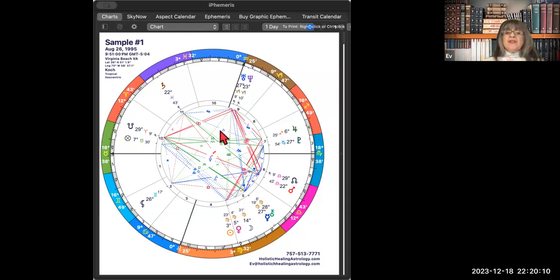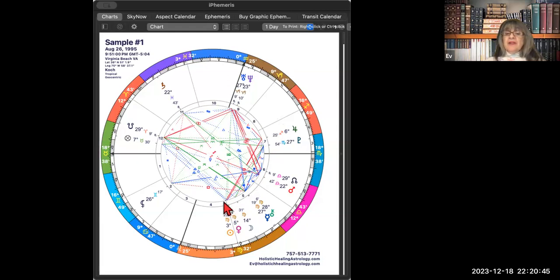The green ones are kind of in the middle of the road. And so you're going to say, well, wait a minute. Why are there solid lines and dotted lines? So when we compare an aspect to one another, the 2 points to one another, we'll take the sun, for example. There's a relationship between the sun and Jupiter.